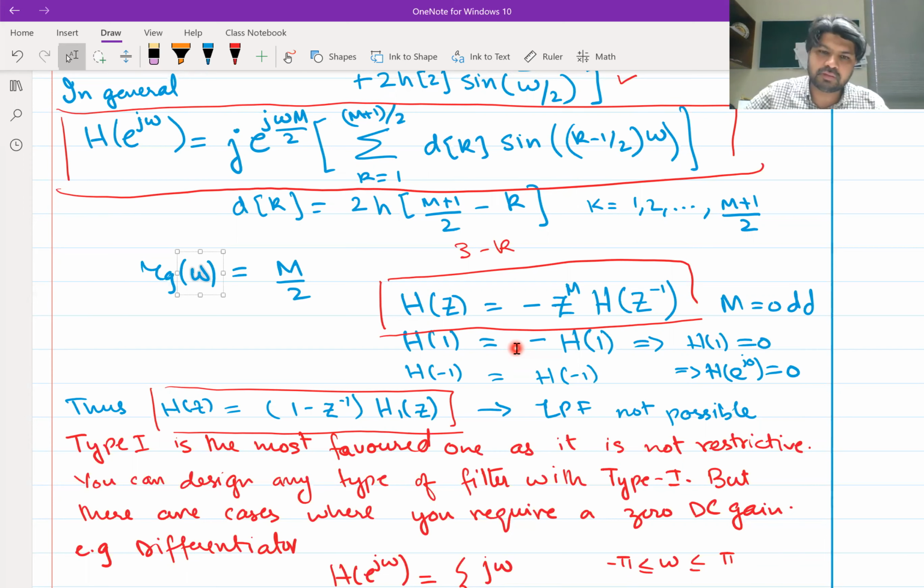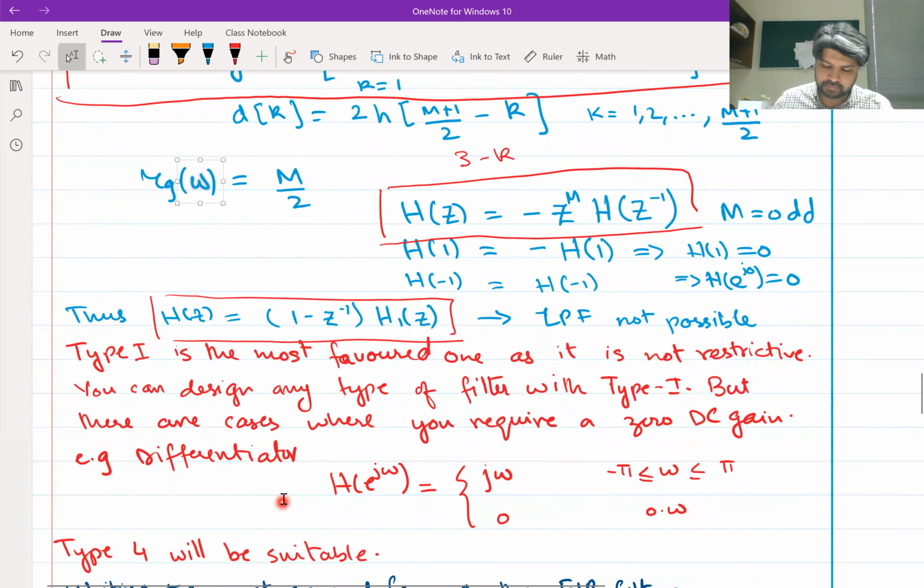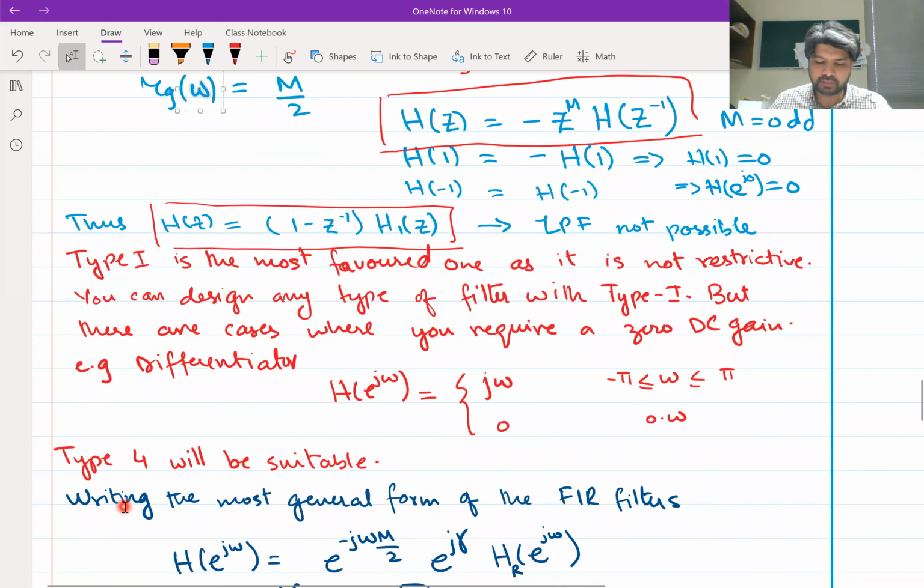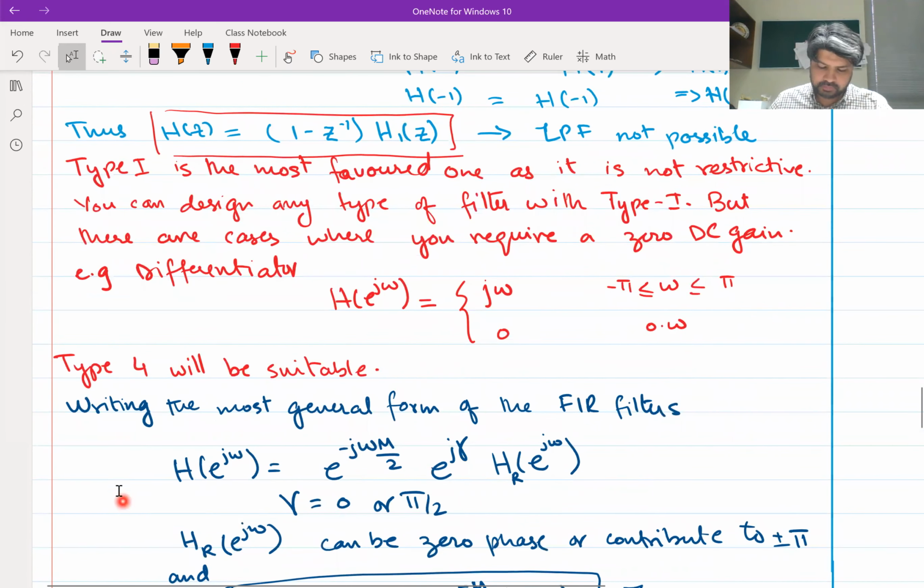You need a 0 at omega is equal to 0, so type 4 should be your preferred one. Type 3 के अंदर तो और भी zeros हैं, that cannot be used. ठीक है? Yes, sir. Type 4 would be used, right?